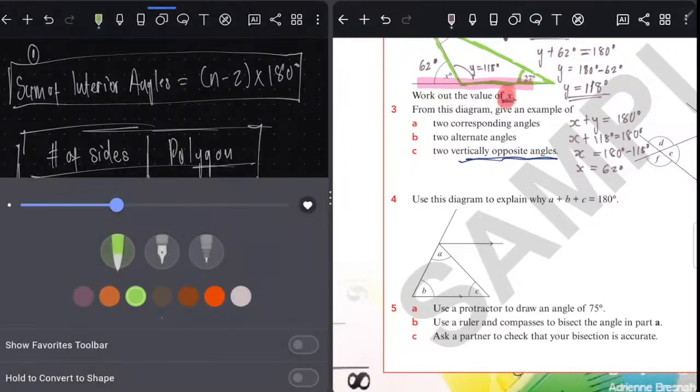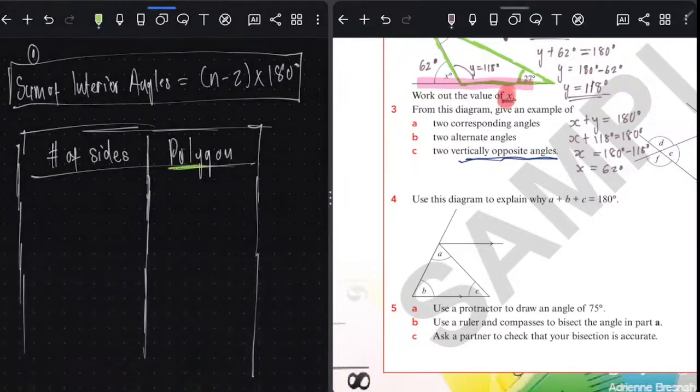Do you remember? Poly means what? Many. Well done, Victor. So if it's a polygon, it's a shape with what? A shape with many what? Sides. Well done. A shape with many sides.